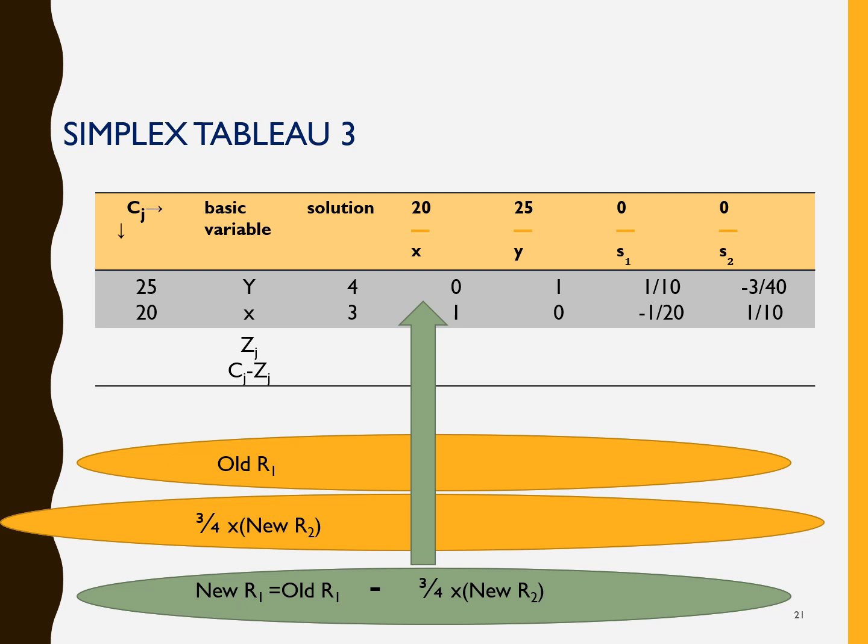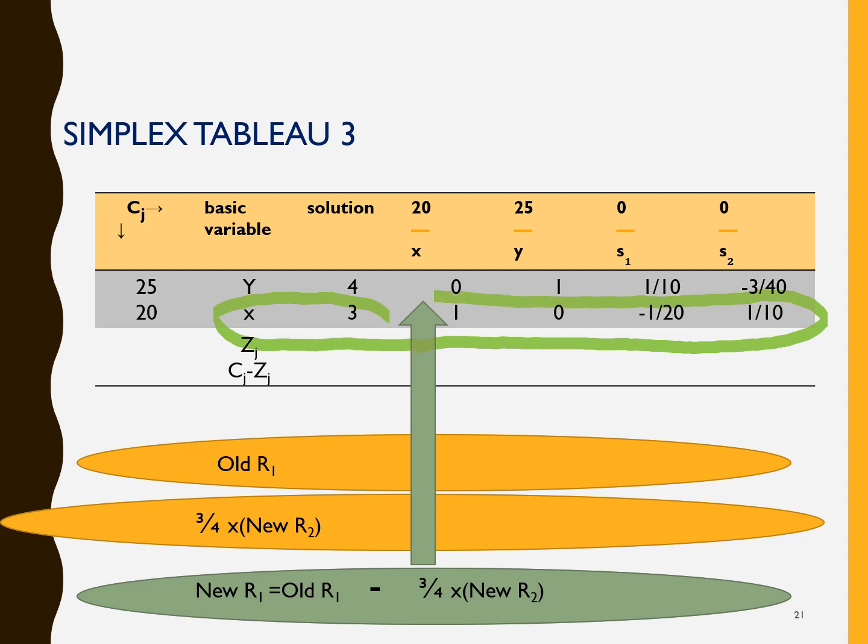And for calculating the first row, we are repeating the same exercise, and now instead of 8, what do we have? We have 3 by 4. That's what we can see from table 2. And also one more thing, since we had key element as 10, we have divided this row 2 by 10 so that we can find out this new table's row 2.